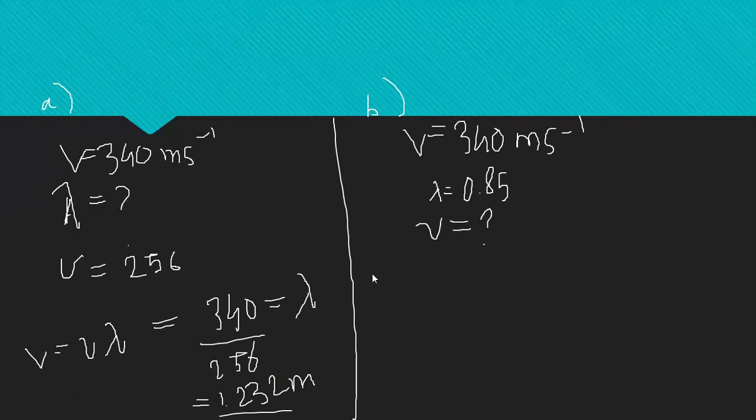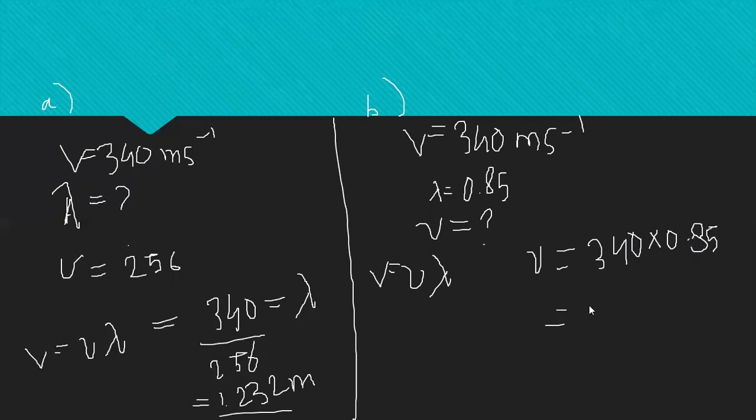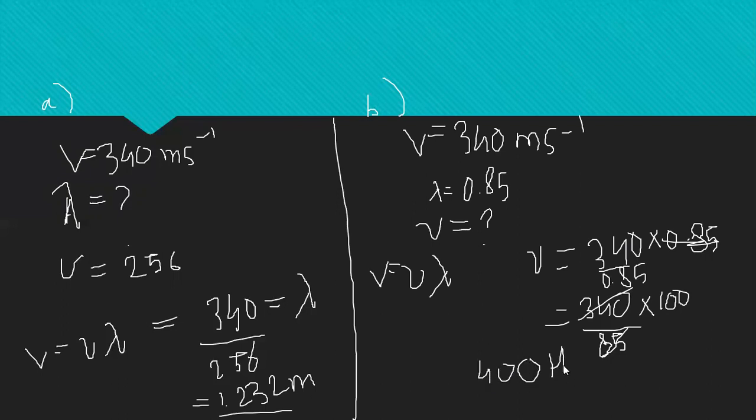So we will write that again, v equal to nu into lambda, which is nu equal to 340 upon 0.85. 340 into 100 you can write, and here 85. So you can cancel this out and frequency you will get 400 hertz.